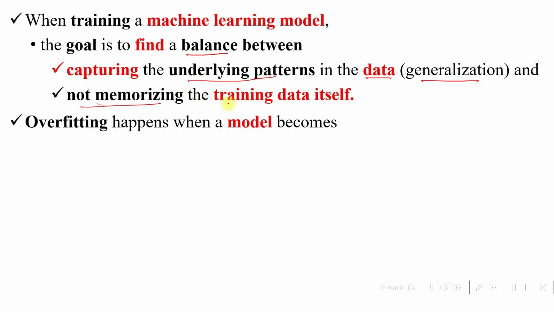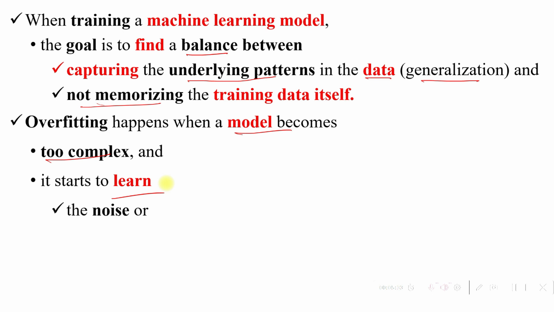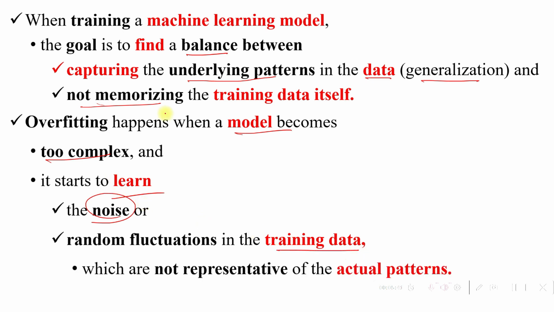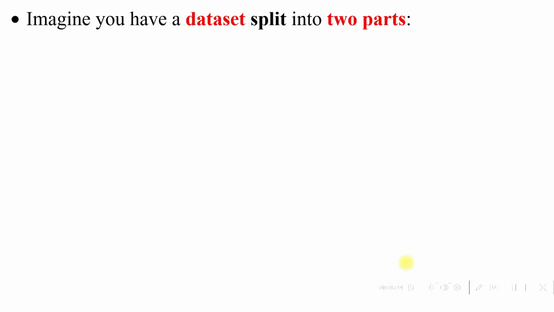Overfitting happens when a model becomes too complex and starts to learn the noise or random fluctuations in the training data which are not representative of the actual patterns.